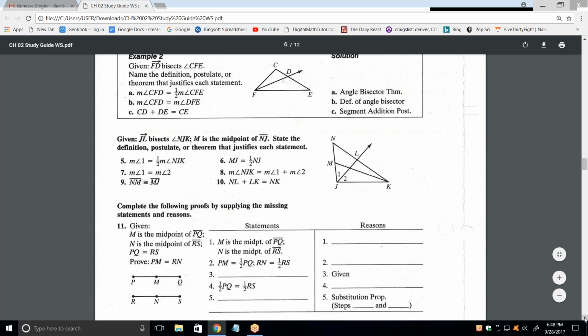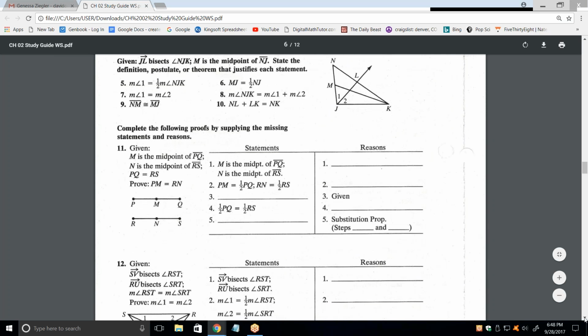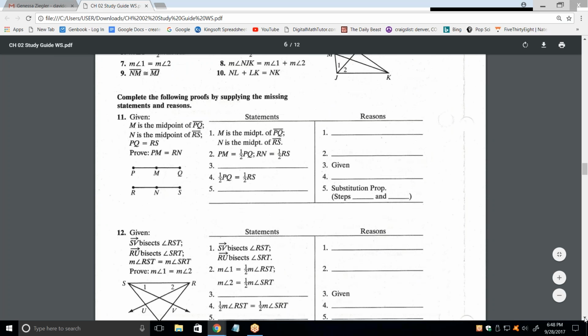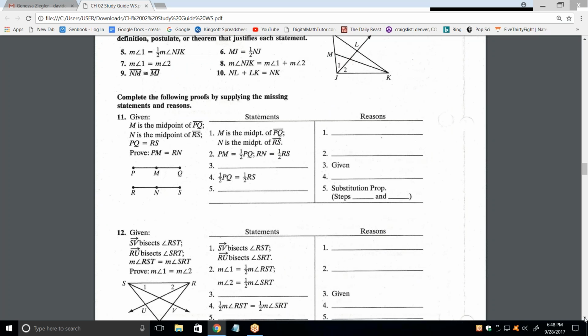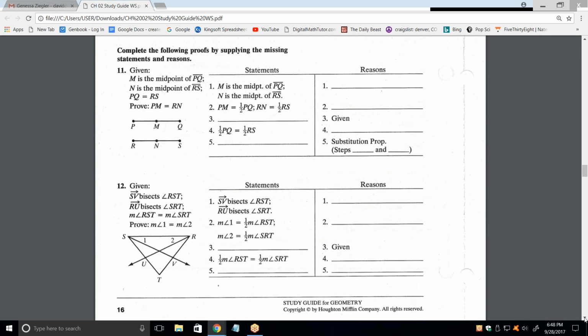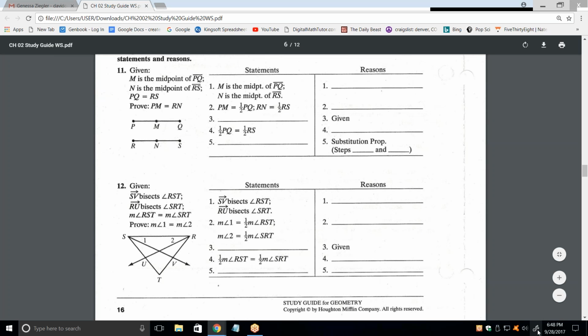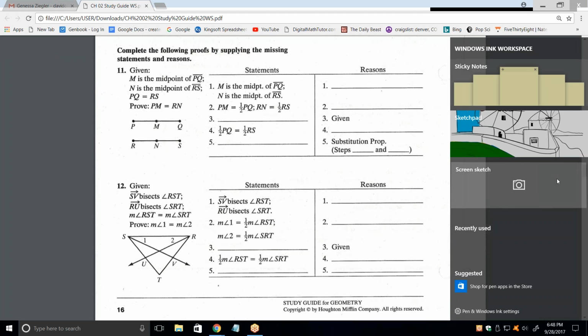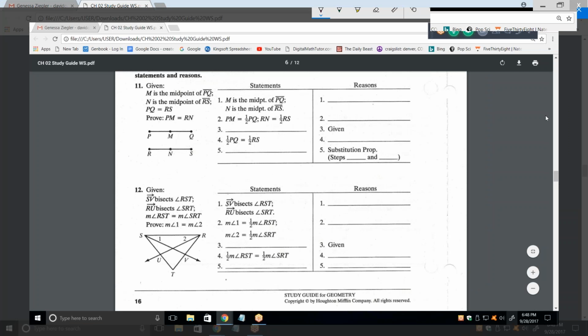Oh, now back on our favorite thing, proofs. Now, this has nothing to do with that graph above. It's the reason for number 1.